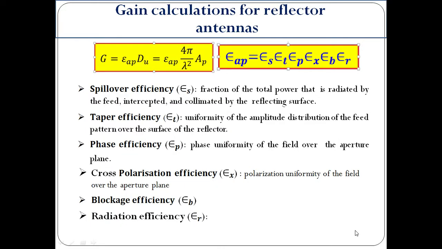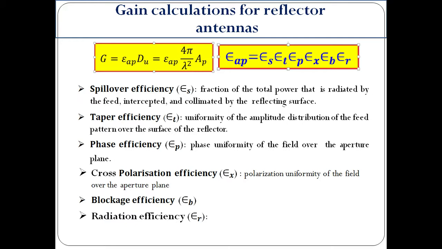The next topic: gain calculations for reflector antennas. Aperture antennas usually have an obvious physical aperture of area AP through which all of the energy will be radiated.